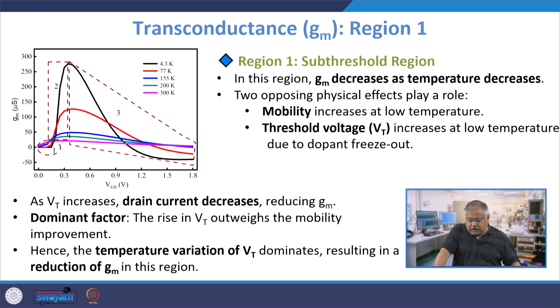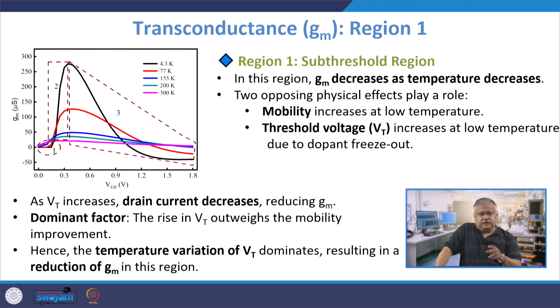Let us come to region 1 here, and in this region GM decreases with temperature, because the mobility increases at low temperature and the threshold voltage increases at low temperature due to dopant freeze out. When the threshold voltage increases, obviously your current starts to fall down. That is written in the third bullet point, and when the current decreases, there is a reduction in the transconductance.